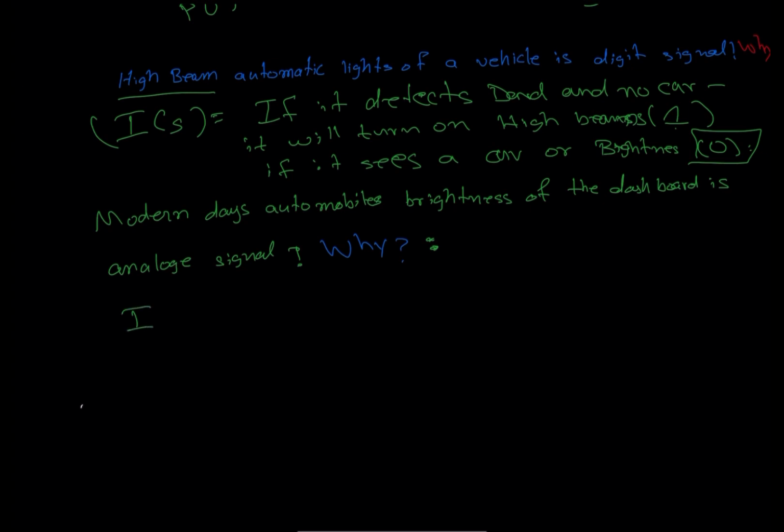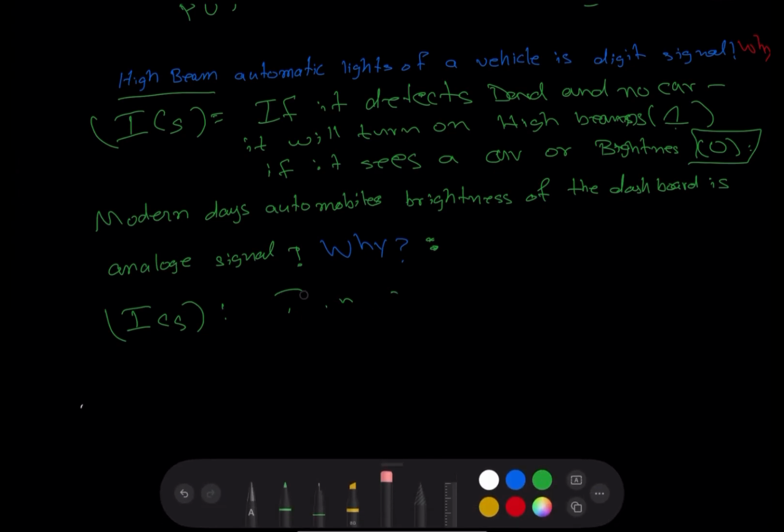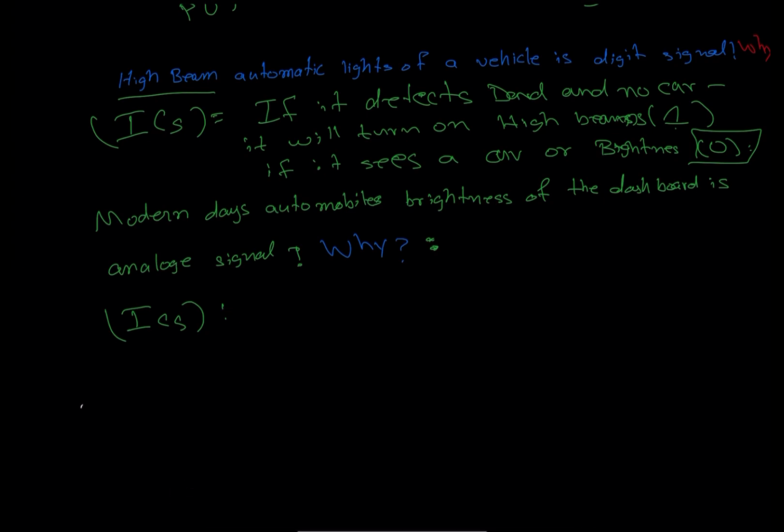These IC or integrated circuit boards are designed so that if they see more light, or more bright light is hitting your sensor or a camera, anything installed there for the driver's convenience, what will it do?